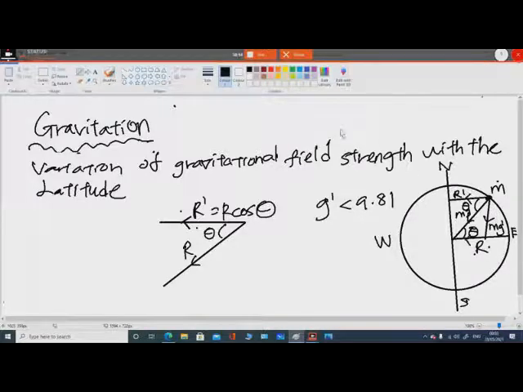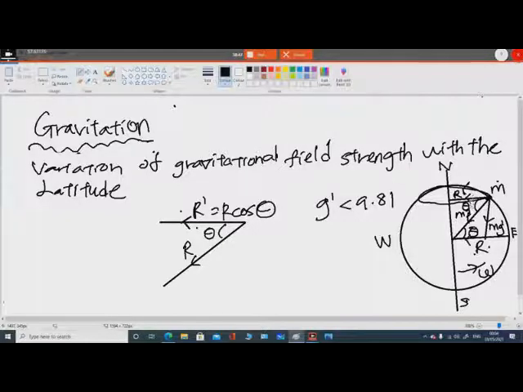So when mass m is located at this position, it will undergo circular motion as the Earth is rotating with angular velocity omega.